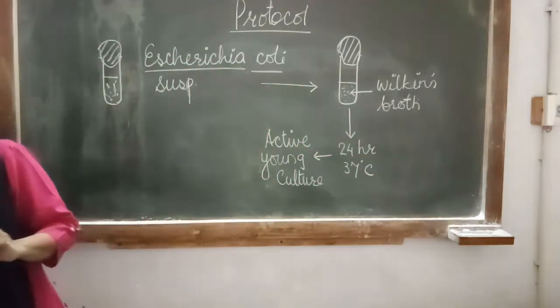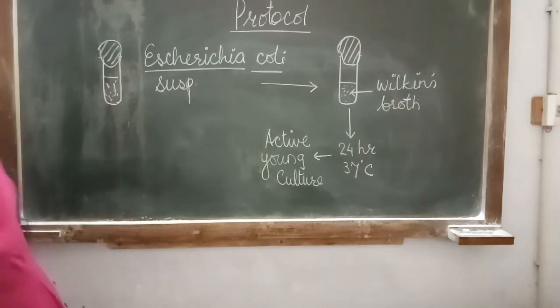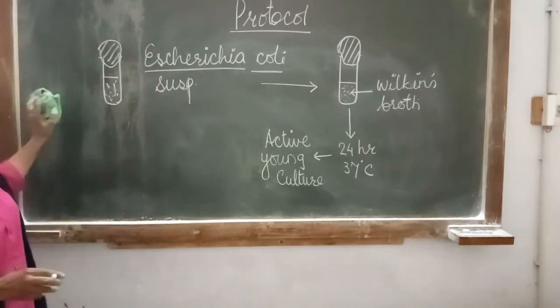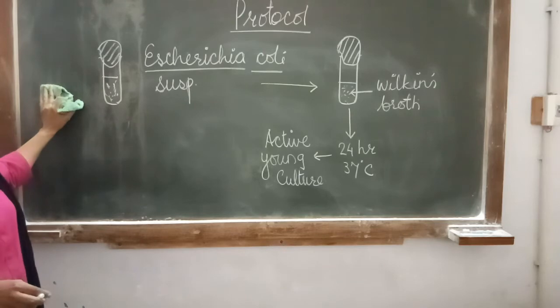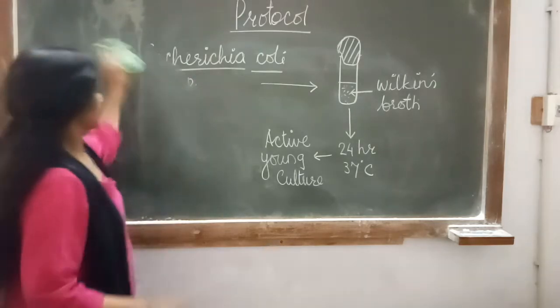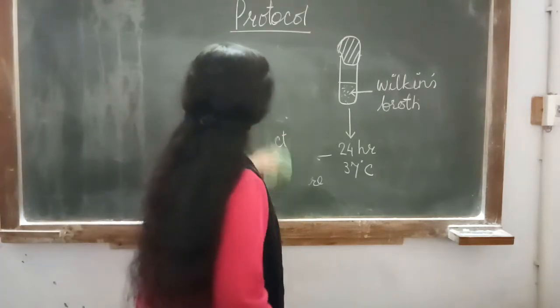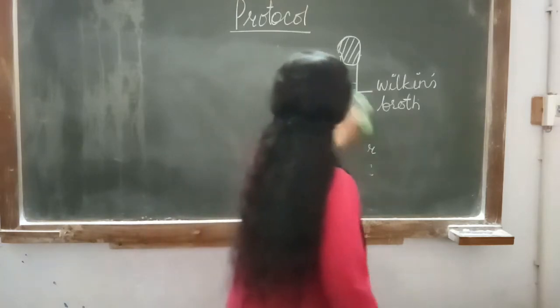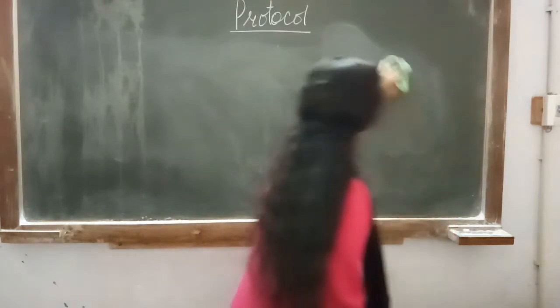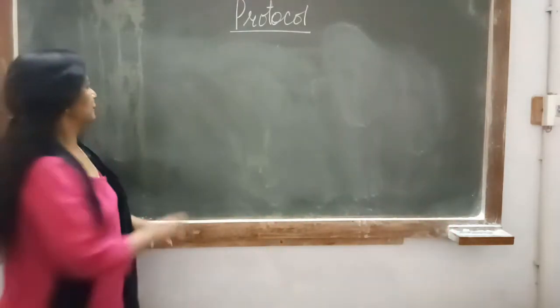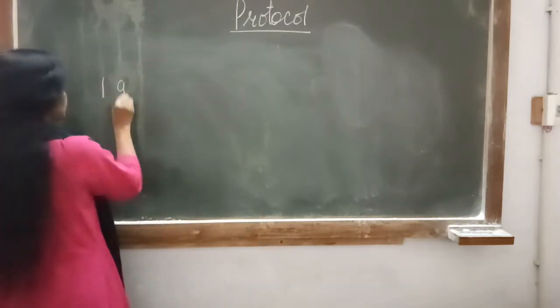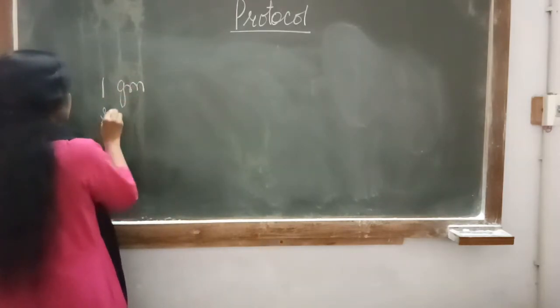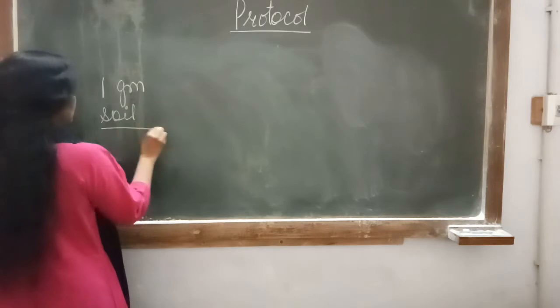Now we will go to the second part. In case of second part, we are going to utilize soil sample. Now we are going to work with soil sample. First of all, soil will be collected and exactly 1 gram of soil will be separated out.